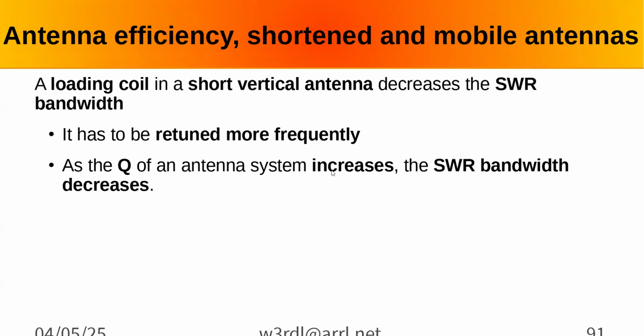Let's see. Loading coil decreases the SWR bandwidth because of the Q. So higher Q gives you narrower bandwidth. So you may have to tune your antenna tuner or your match as you go across a band because of the bandwidth, probably not as wide as the band you're trying to look at.